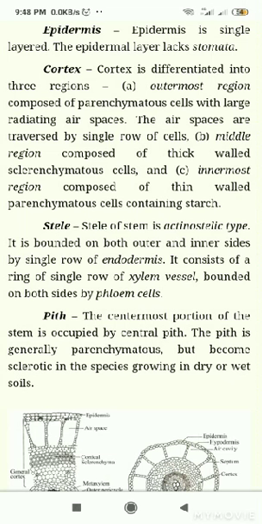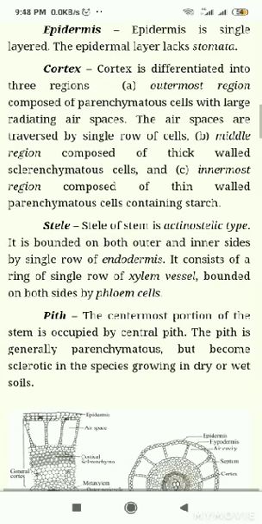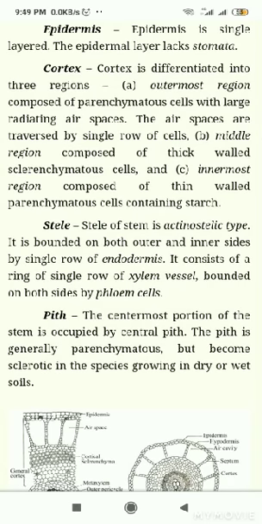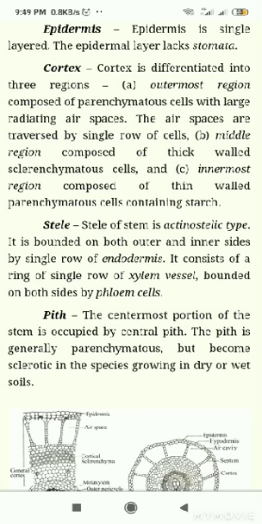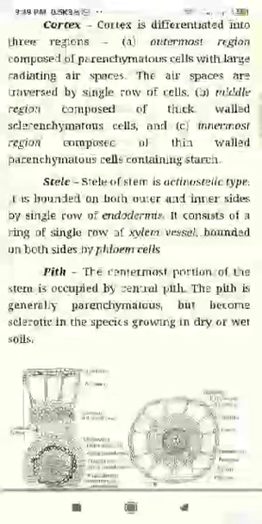Second, the middle region, composed of thick-walled sclerenchymatous cells, which are most important for giving mechanical support. And last, the innermost region, composed of thin-walled parenchymatous cells containing stored food material in the form of starch.